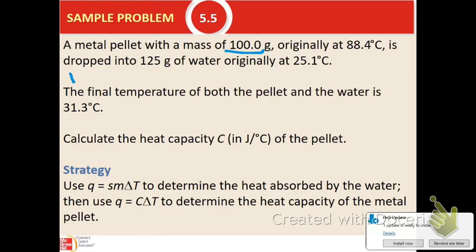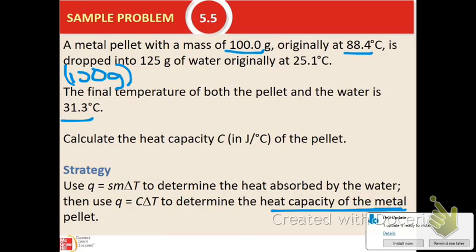We know that you have 100 grams of it times the specific heat of the copper, whatever metal pellet it is. Does it say what its specific heat is? No. Oh, we're looking for the heat capacity. Okay. And then its change in temperature, it started out at 88.4 and it ended up at 31.3.